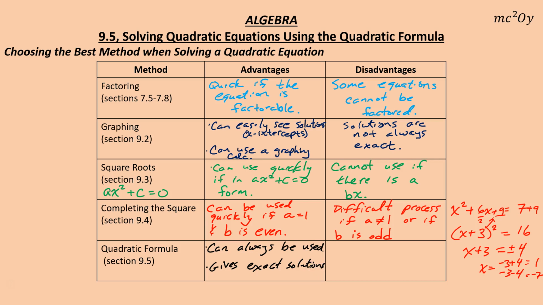You don't have to round them. Now, you might have to round if they ask you to at the end, or if you get a square root that's not perfect. Okay. Downfall, I guess, is it's a long process with multiple calculations.